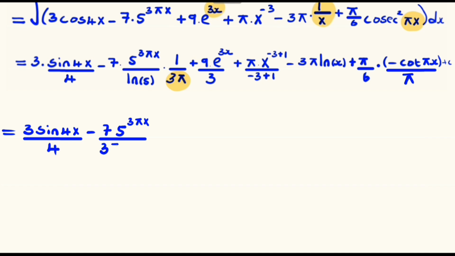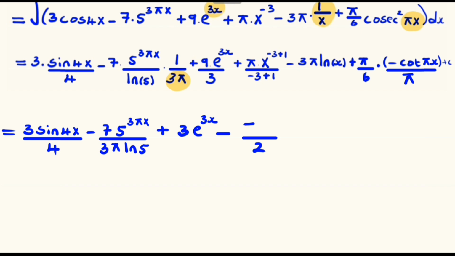So we have 3 pi multiplied by the ln of 5 plus 9 divided by 3, which is 3 multiplied by e raised to the power 3x. And the negative 3 plus 1 will be negative 2, so we can have that negative here.